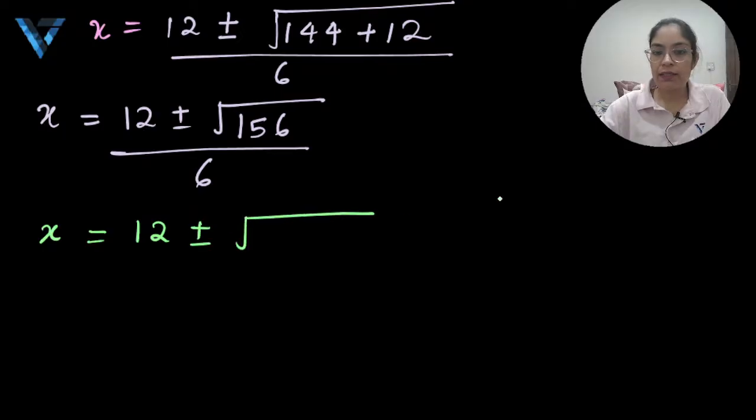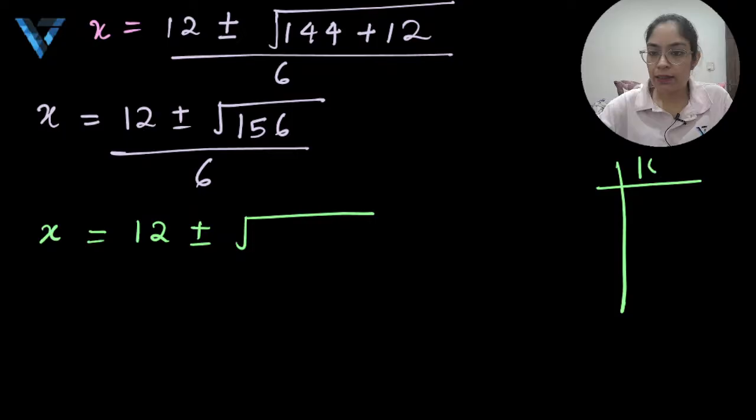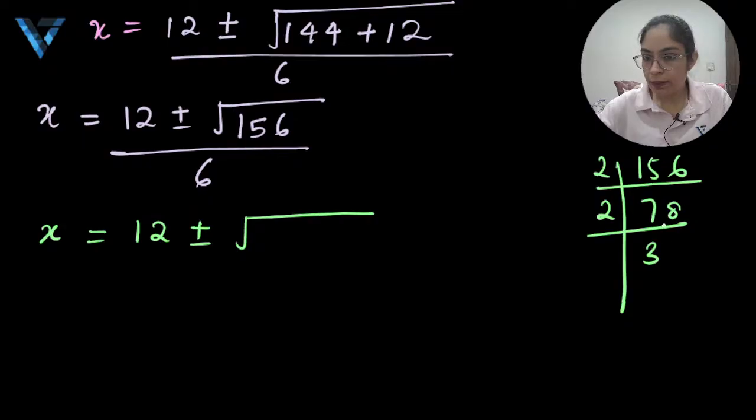When you factorize 156, you will get its factors as 2 into 78, 2 into 2 into 39.